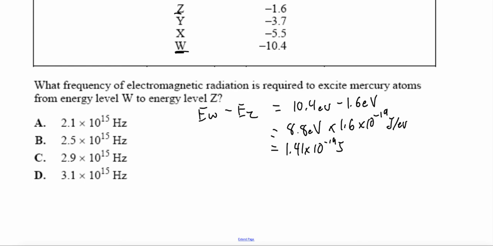So now we want to figure out the work energy. So my energy of my work is going to be equal to Planck's constant multiplied by the frequency. Now we have to rearrange this for frequency. Frequency is equal to the energy of the work divided by Planck's constant.